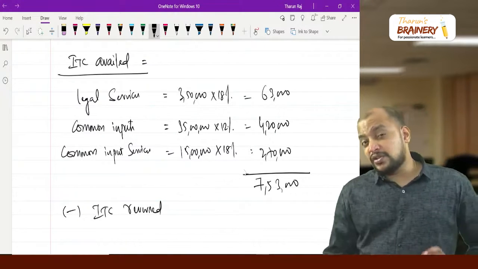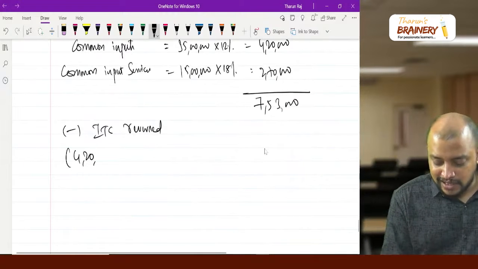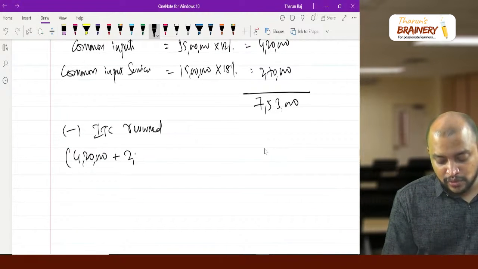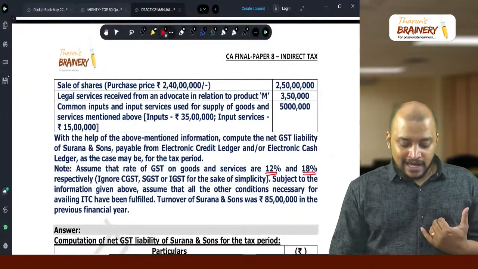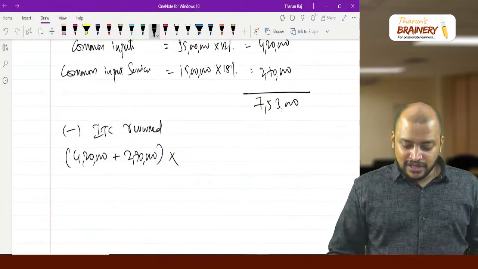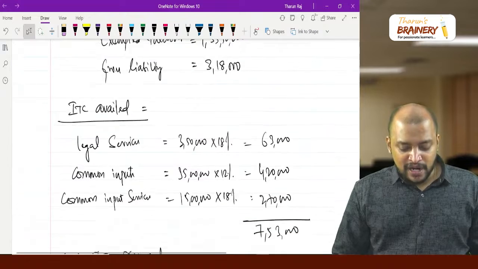Out of this, minus ITC reversed. Which ITC we need to reverse? Only common ITC we need to reverse. That is 4,20,000 plus 2,70,000 into exempted by total. The exempted we just computed: 1,335 divided by 1,940.